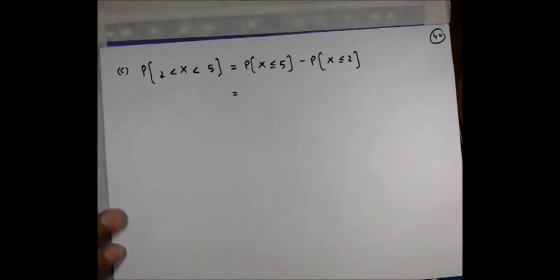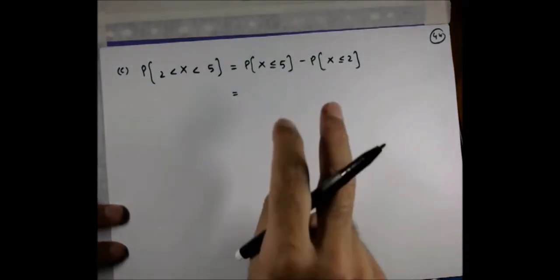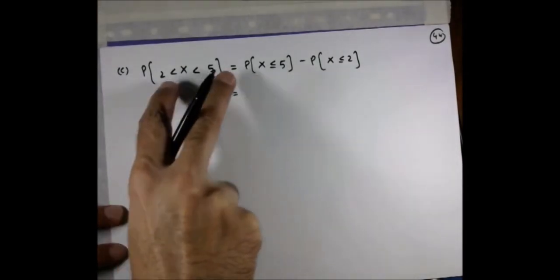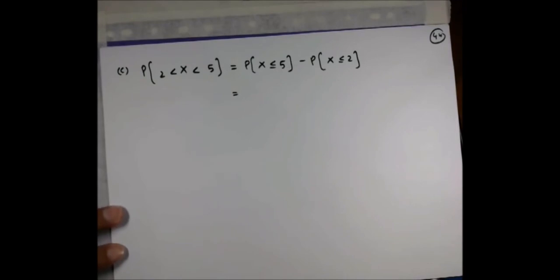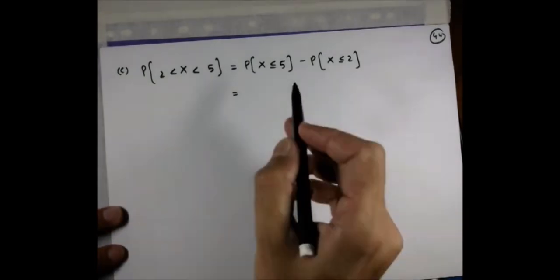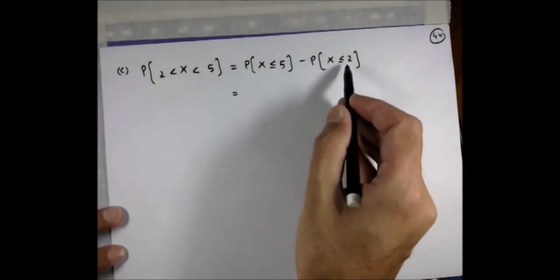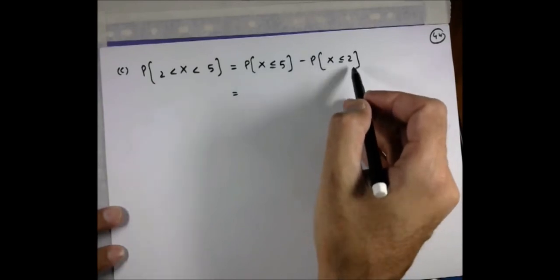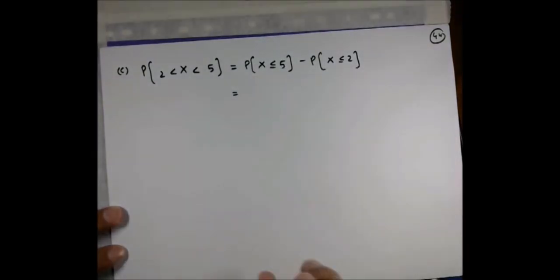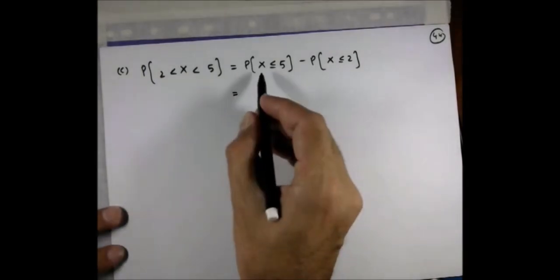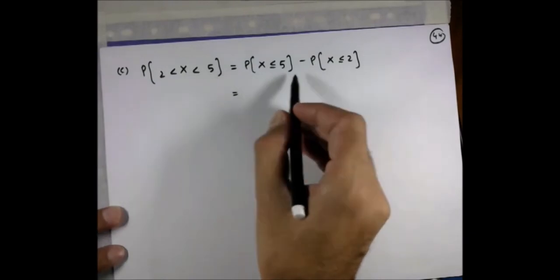Please think about it, why I have been able to write this interval as this interval. Draw some line on x-axis and then draw the number 2 and the number 5 as the values of x, and then we'll have the understanding on why I've been able to write this interval as this.